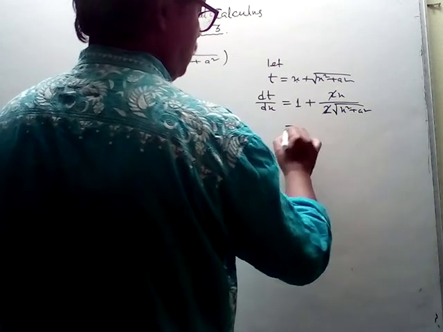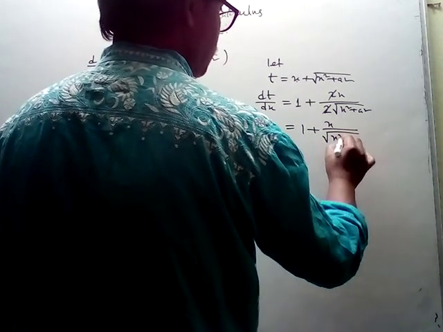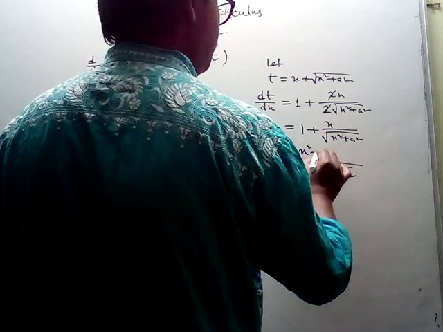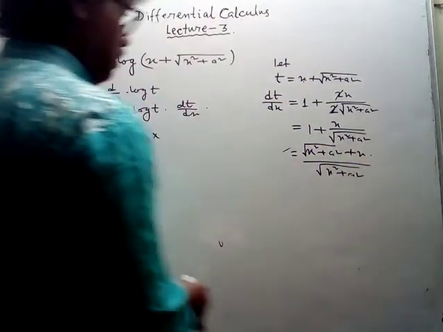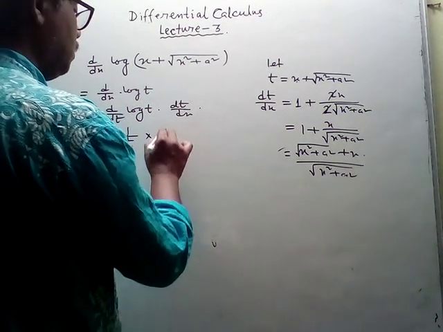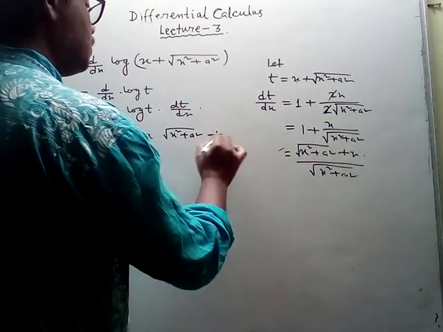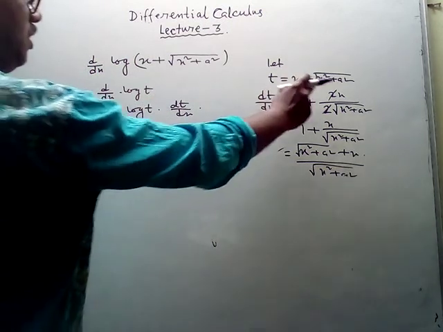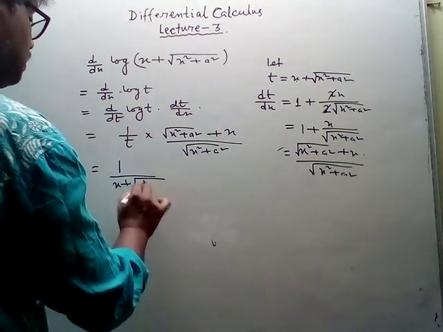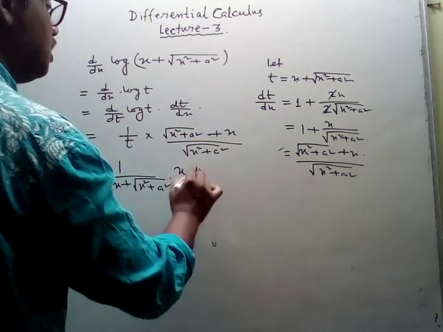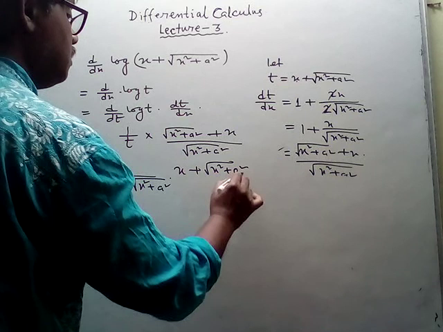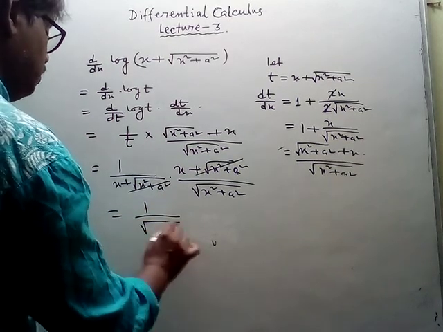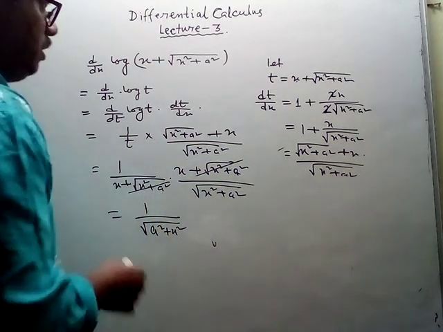This cancels. 1 plus x by root over x square plus a square, take the LCM: root over x square plus a square plus x by root over x square plus a square. This is dt/dx. 1 by t means x plus root over x square plus a square, into this. This will cancel. We get 1 by root over x square plus a square.